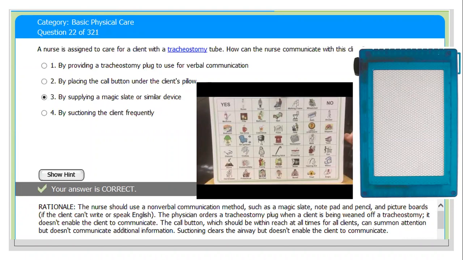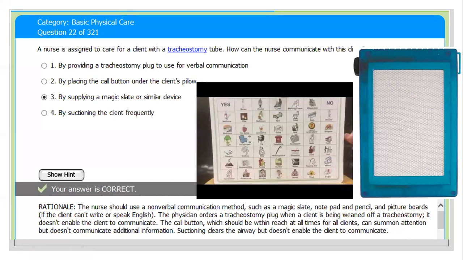The patient can use a bell or some kind of signal or magic slate. The nurse should use a nonverbal communication method such as a magic slate, notepad and pencil, or picture board.